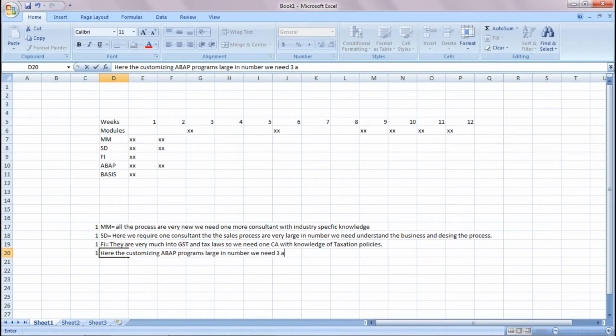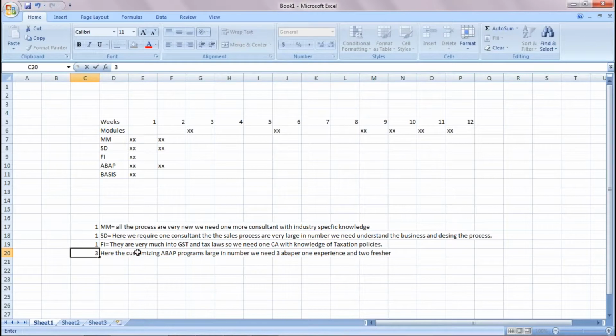We need 3 ABAP consultants: one with experience, and 2 for questions. Okay? So we need 3 consultants.